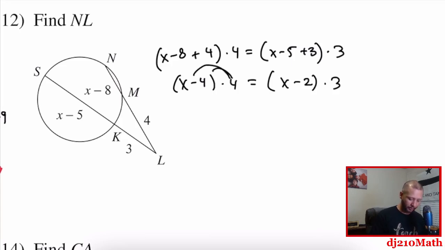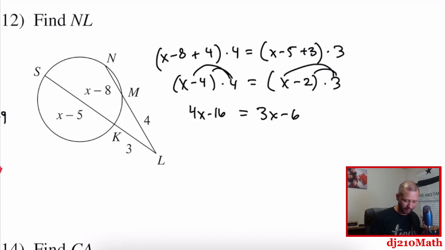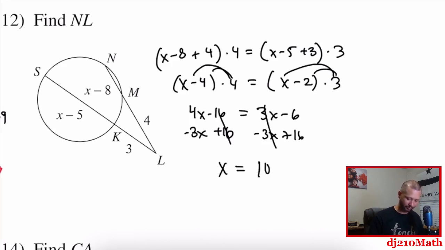Okay, let's distribute. 4x - 16, distribute 3x - 6. I'm going to minus 3x, add 16. So this is going to be 4 minus 3, which is 1, that's equal to negative 6 plus 16, 10.